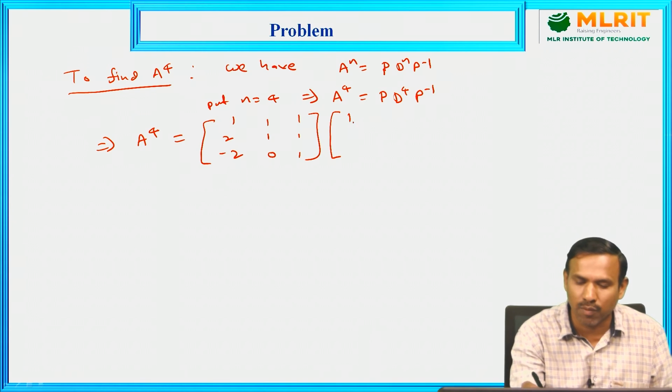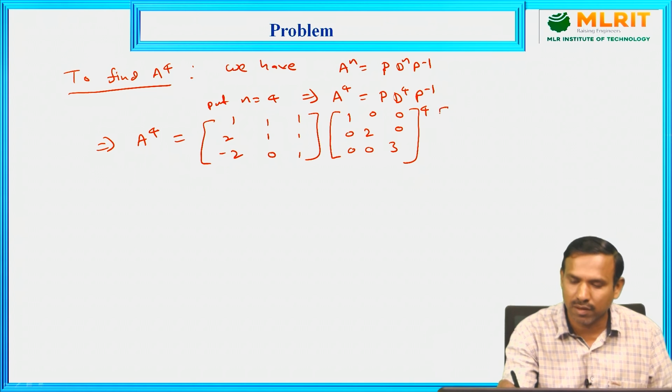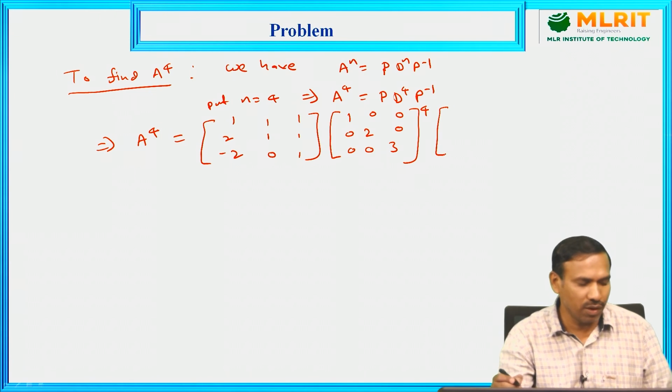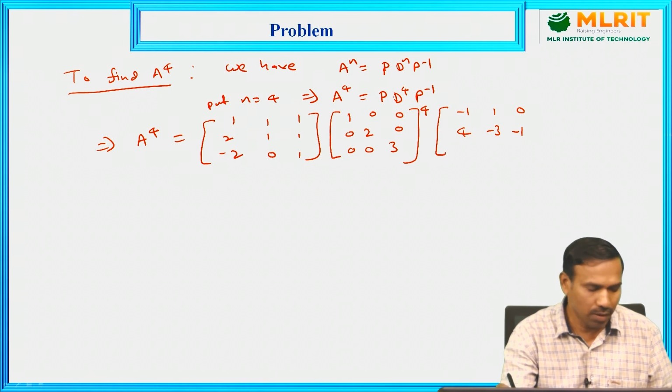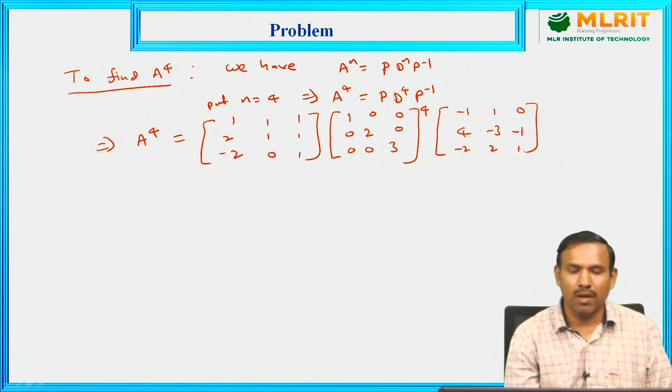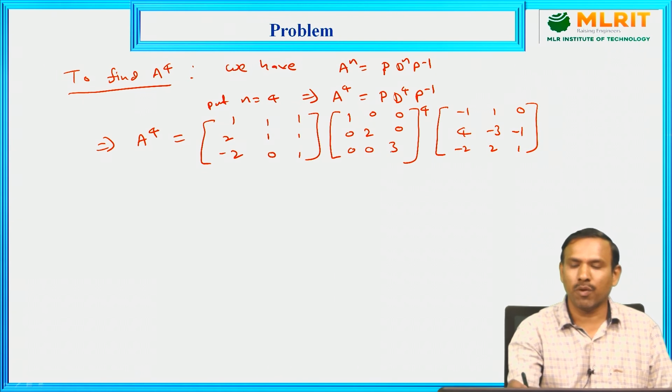We have the diagonal 1, 2, 3, and the remaining elements are 0. Then into P inverse. What is the P inverse? We got minus 1, 1, 0, 4, minus 3, minus 1, minus 2, 2, 1. This is P D power 4 P inverse.